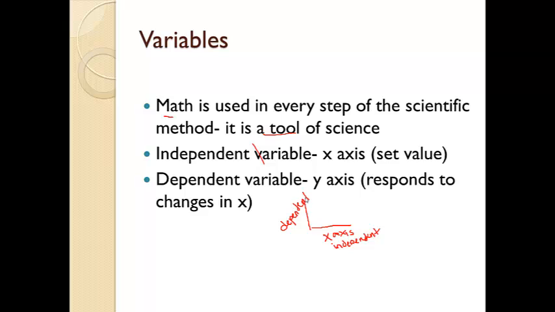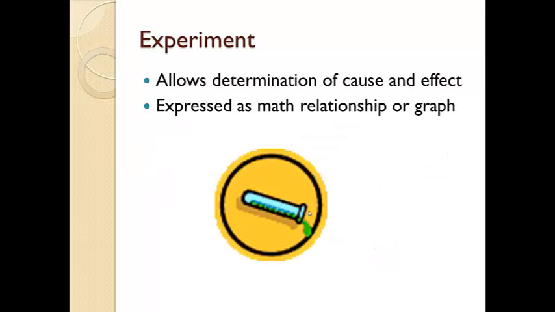So things like time could be on the bottom because you have no control over what the time is. And the things that are affected by that, or the things that are changing, are going to be on the y-axis. Experimentation allows the determination of cause and effect, and a lot of times it's expressed as a mathematical relationship.